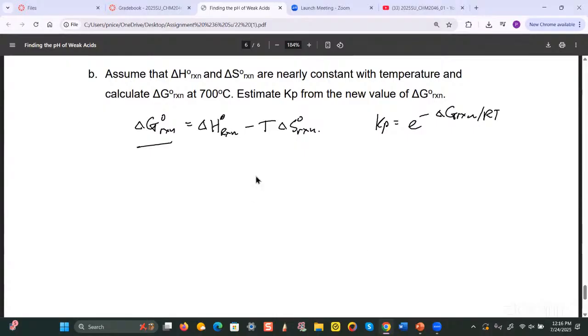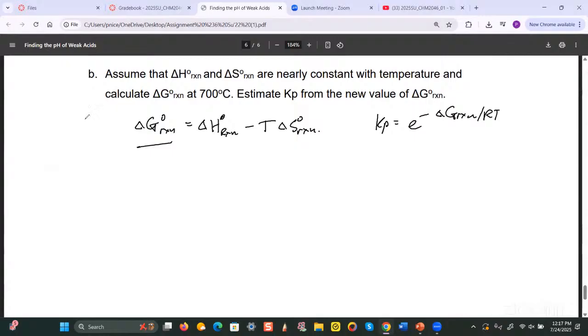So, as I was saying, what we have to do is consult the tables. We look up the values or we calculate based on the table values, the delta H for the reaction, the delta S for the reaction. We plug them into this equation to get delta G, and then that value we plug into this equation to get the Kp, all right? So let's start off by finding the delta H of the reaction.